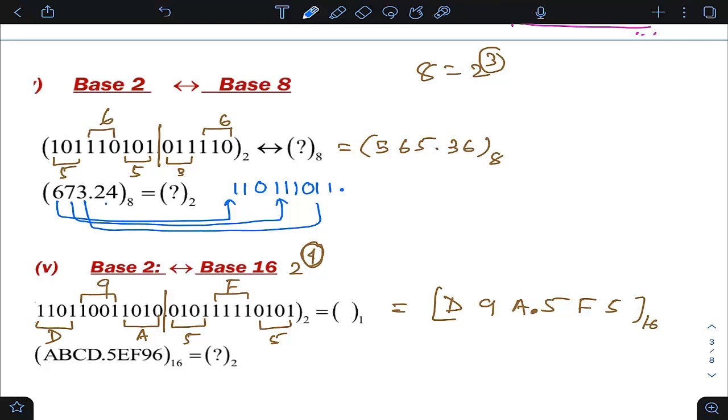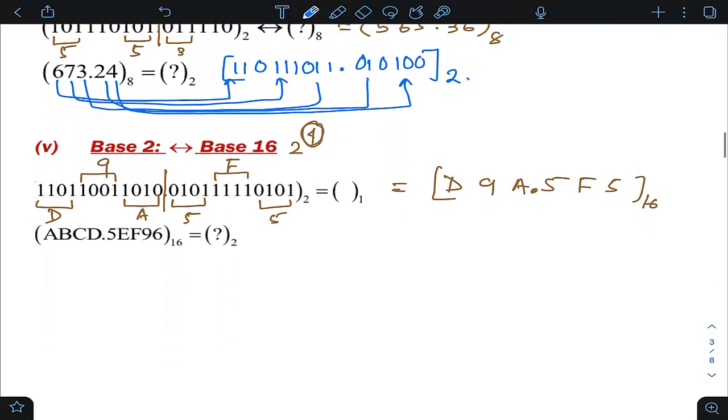Then the dot, then you have this 2. 2 you can write as 10, but you write 010. Then you have this 4. 4 means it is 100. So this is your base 2 equivalent. So this is the process.